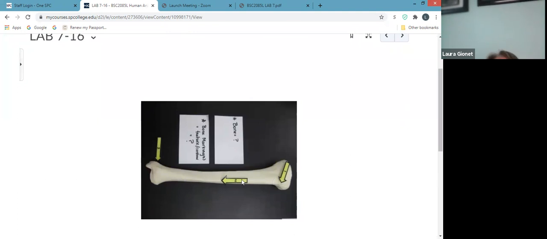Run your finger down the anterior diaphysis of that bone, and you can feel the anterior crest. And then at the distal end, number 3 is the medial malleolus. Number 1 and number 2, both the tibial tuberosity and the anterior crest, function as M for muscle attachment.